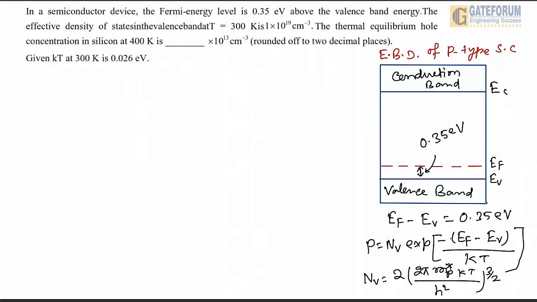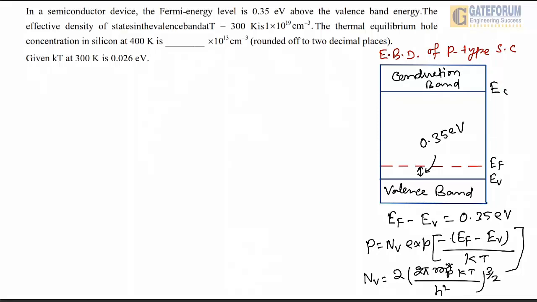The thermal equilibrium hole concentration in silicon at 400 degree Kelvin is, fill in the blank, into 10 raised to 13 per centimeter cube, and the answer should be rounded off to 2 decimal places. Given value: kT at 300 degree Kelvin is 0.026 electron volt. This is the question asked in GATE 2023 for EC as a numerical answer type, from the subject of EDC and on the topic of semiconductor physics.